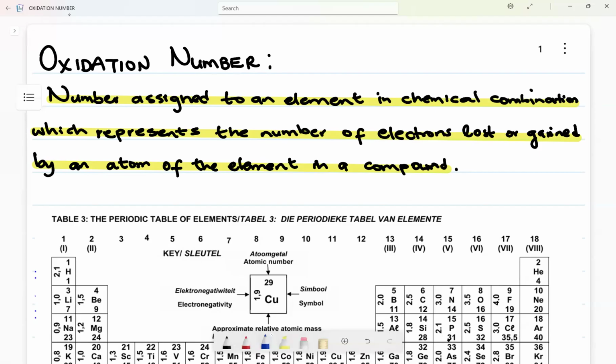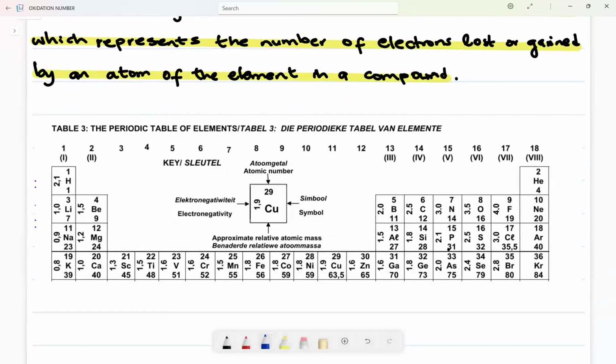This is just the number that is assigned to each and every element in a chemical combination, which represents the number of electrons lost or gained by an atom of an element in a compound. And each and every group has its unique oxidation number.